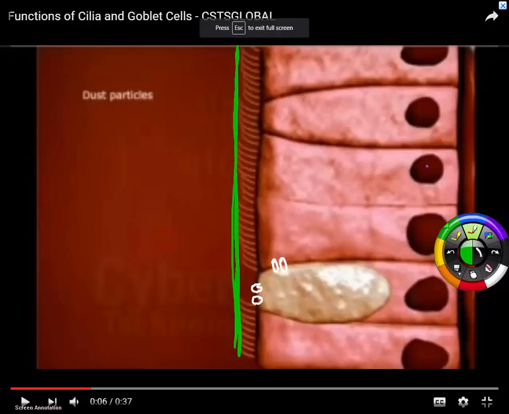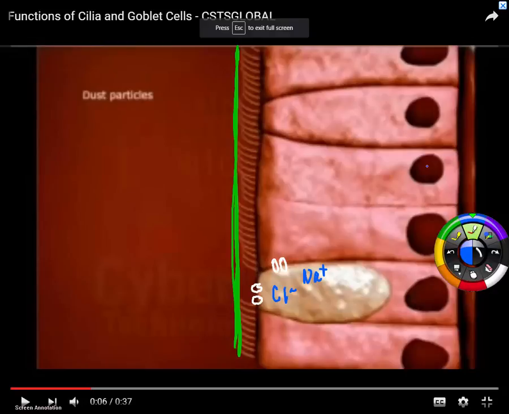The goblet cells are responsible for making mucus. Now, when the mucus is formed, it's rather viscous. However, embedded in the cell membrane of goblet cells are ion channels. There's a chloride ion channel and then a sodium ion channel.